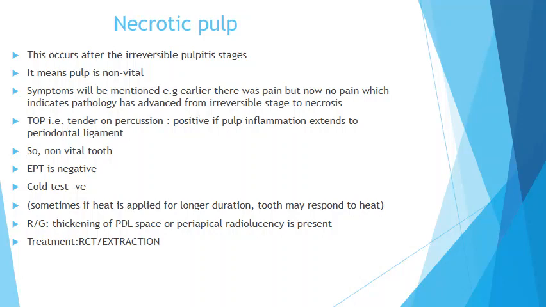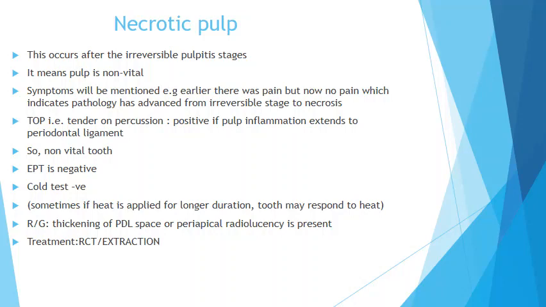Sometimes when you apply heat for a longer duration, the tooth may respond to heat. And there can be partial necrosis and full necrosis, so we don't need to go into that much detail. The only thing is that sometimes there is partial necrosis and the tooth may respond to the heat test.